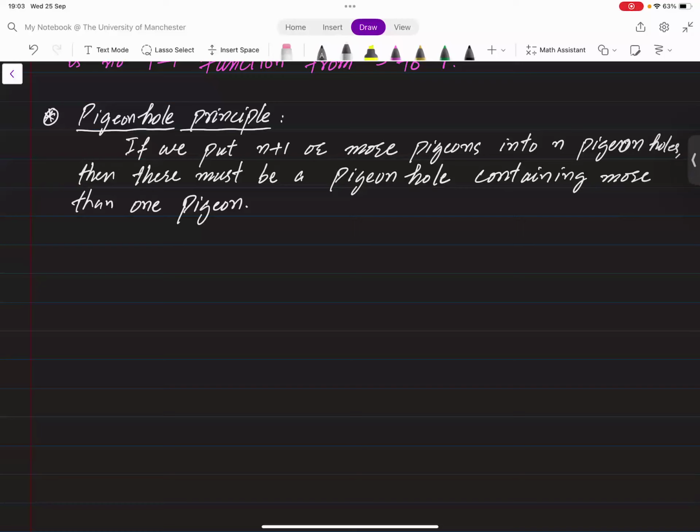As another example, in any set of 6 integers, there must be 2 whose difference is divisible by 5. To see this, regard the 6 integers as pigeons and their remainders on division by 5 as the pigeonholes. So let's give a more interesting example.